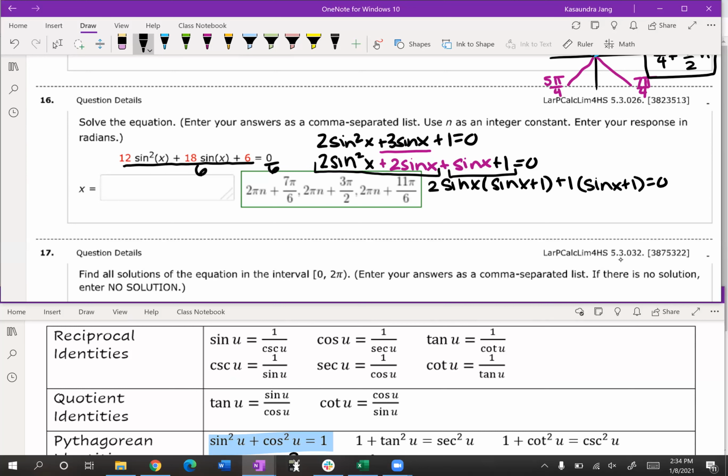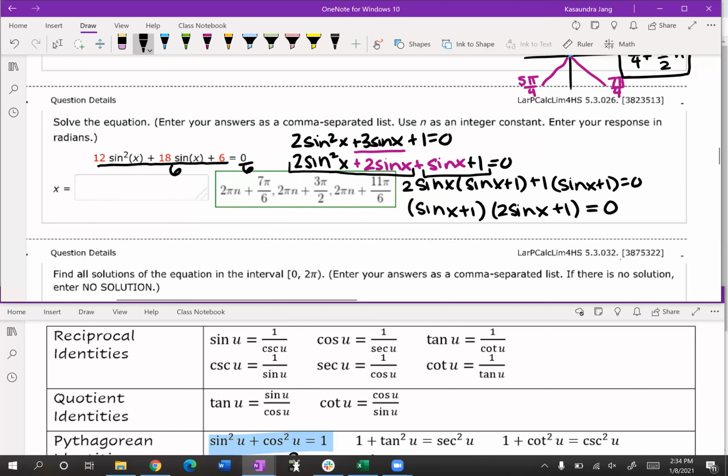All right, so now what they have in common is the sine of x plus 1. So I will factor out their GCF, sine of x plus 1, and I am left with a 2 sine x plus 1. Okay, so at this point, I'm going to set each of my factors equal to 0.